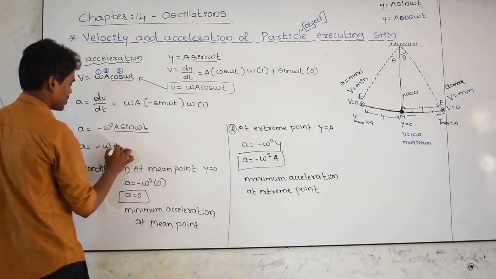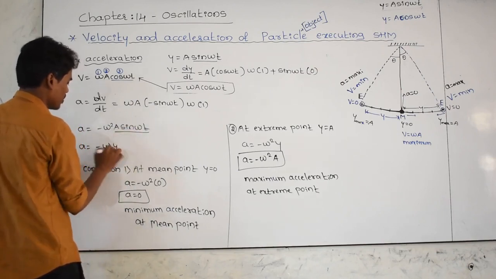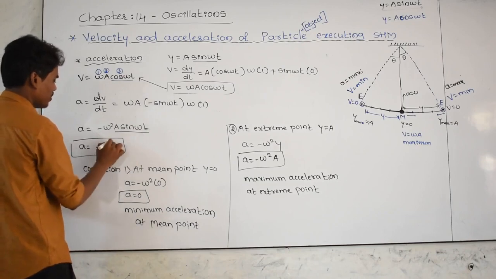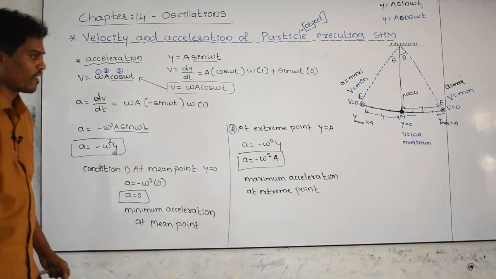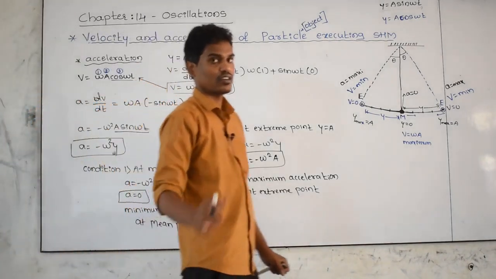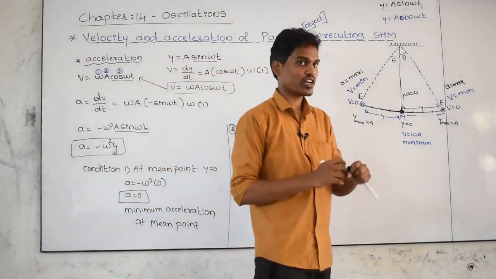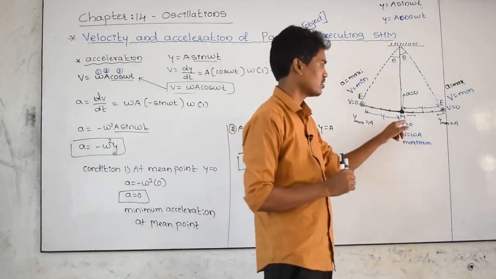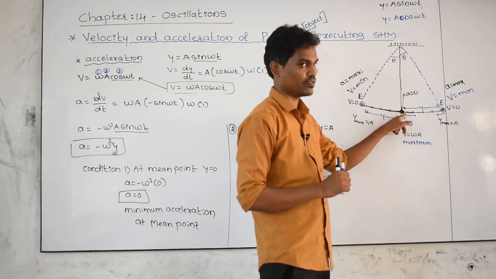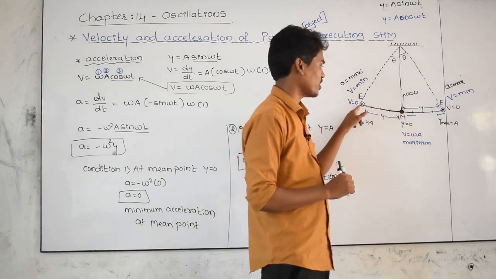This can be written as y, and I have substituted all the conditions and we are getting like this. And one thing, two possible questions are there. What is the velocity of the object at mean position? Velocity is maximum here. Velocity is 0 here.